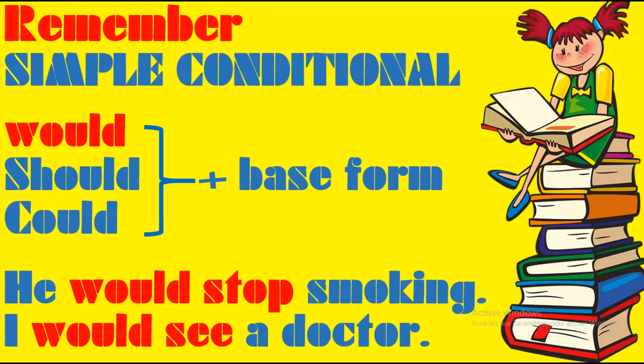Base form is infinitive without to. To stop, he would stop smoking. To see, he would see a doctor. I have put would in red because it is the most commonly used. So we can use should and could on some occasions, but it's very, very rare, seldom.